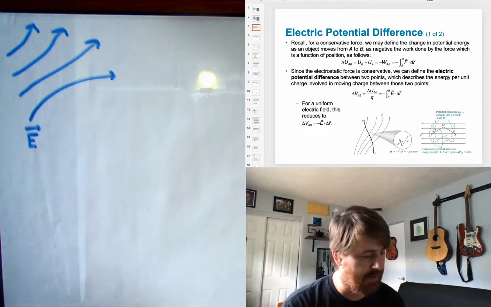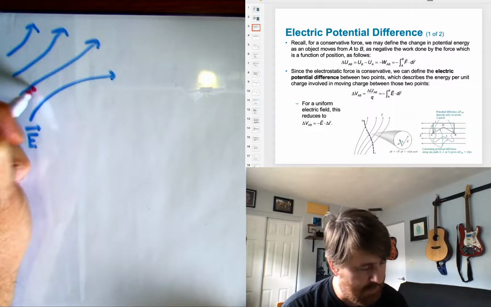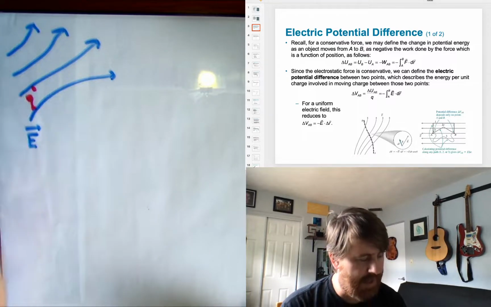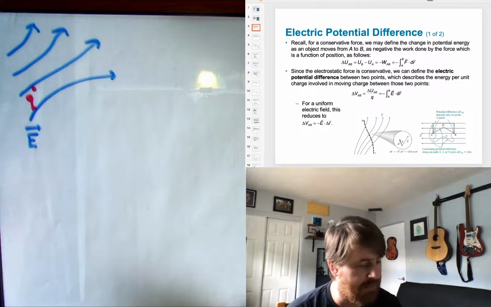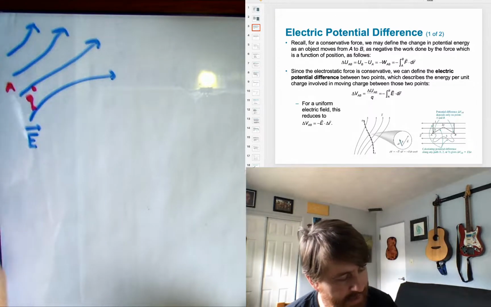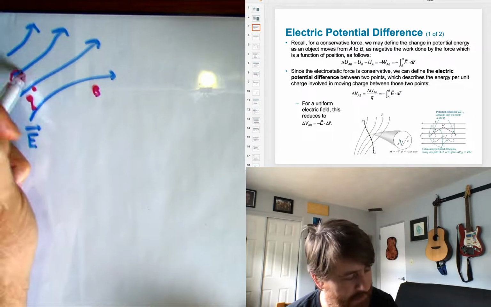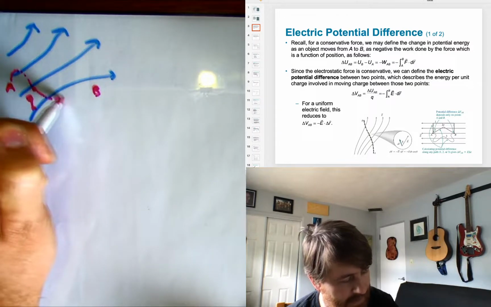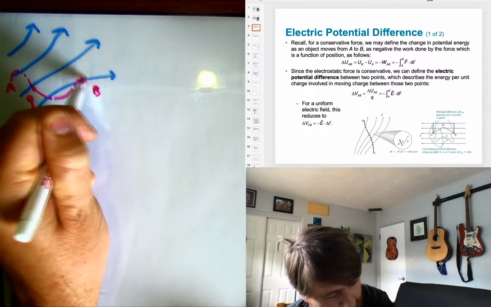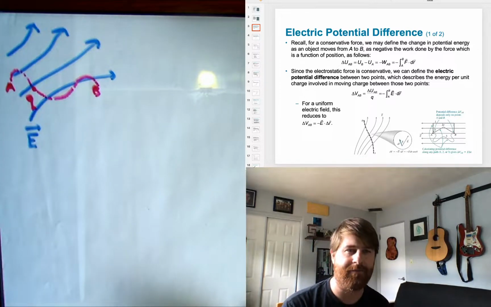Now I'm going to take a charge Q, place it in there, and move that charge Q between points A and B in that electric field. Maybe I'll take it on a path that takes it from A to B like this.